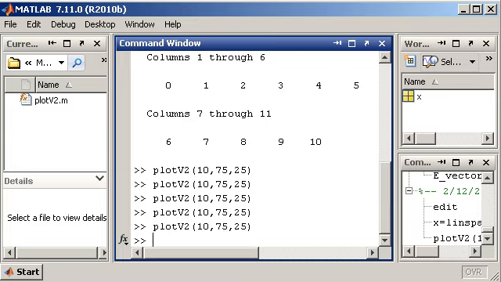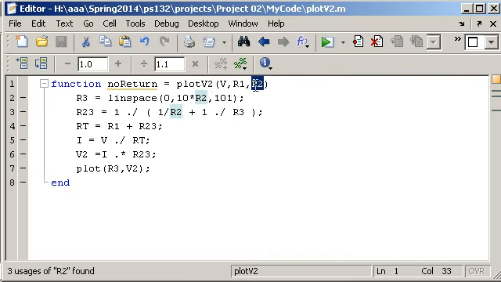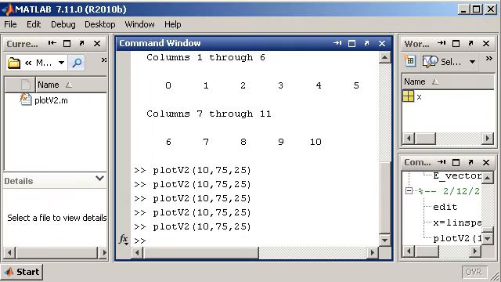Let's make sure I got it right. VR1, R2, so it's the second one, or the very last argument. 25 ohms is R2. So I should be going from 0 to 250.